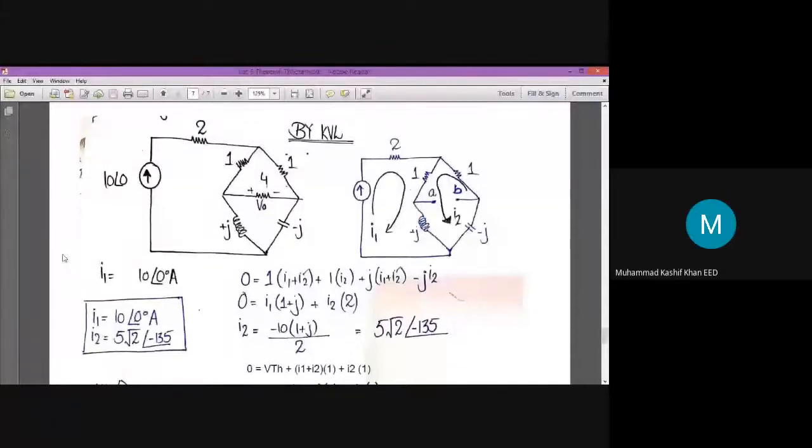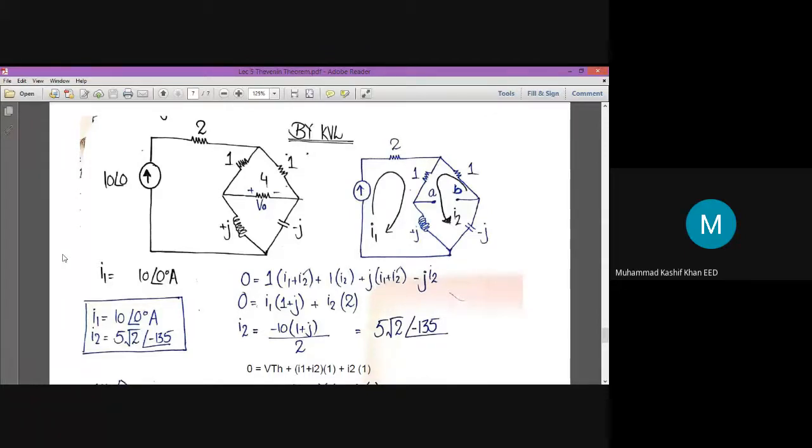Now, at the start of the lecture, I told you all that whenever you want to solve the Thevenin theorem, prefer to use nodal analysis because it's easy to find the node potential with the help of nodal analysis.